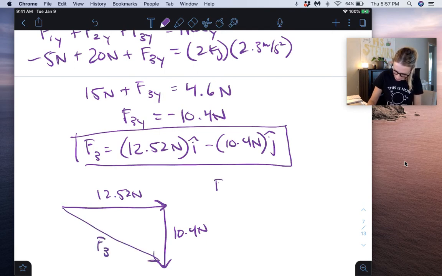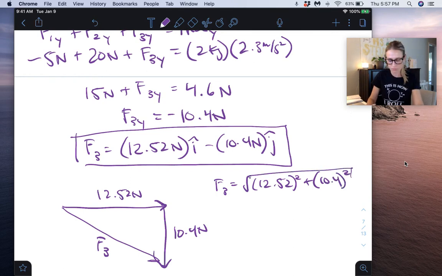Using the Pythagorean theorem, we get the square root of 12.52 squared plus 10.4 squared, and we get 16.3 newtons.